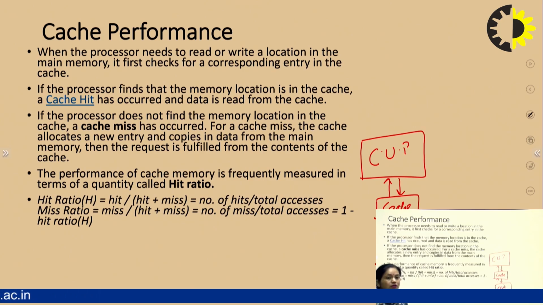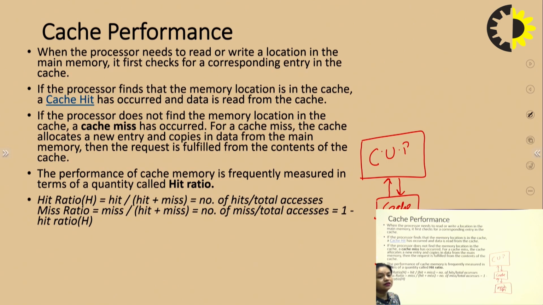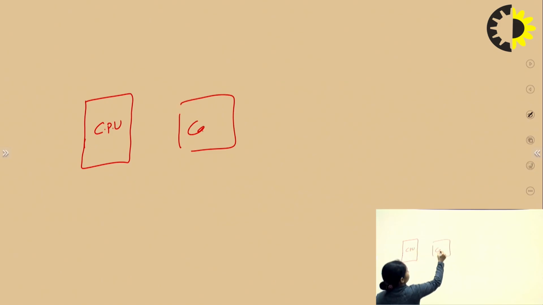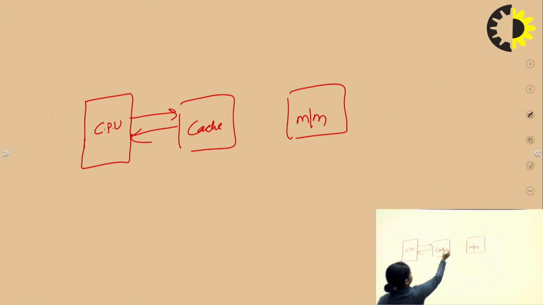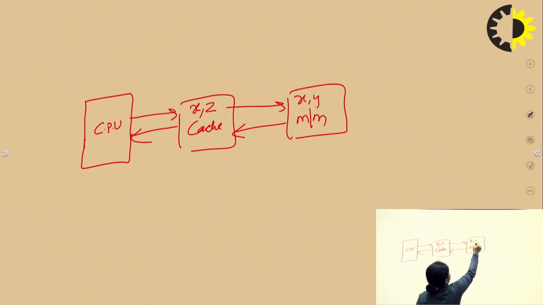First we will find out the hit ratio and the miss ratio. I will take an example. Okay, the cache has X and Z, and it has X, Y, Z, A, and so on.